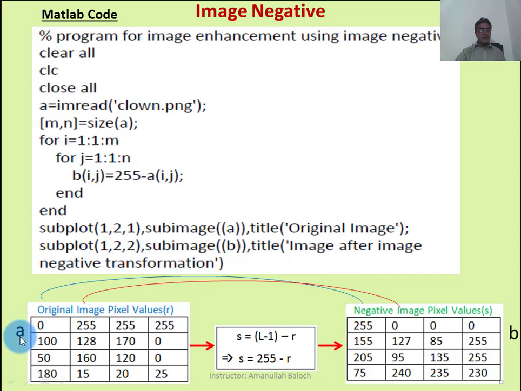This is the A image and this pixel is at 1 row and 1 column. So we will subtract this pixel value of A from 255 and store it in the 1,1 location of the B image. This is the B image and this is the 1 row and 1 column.